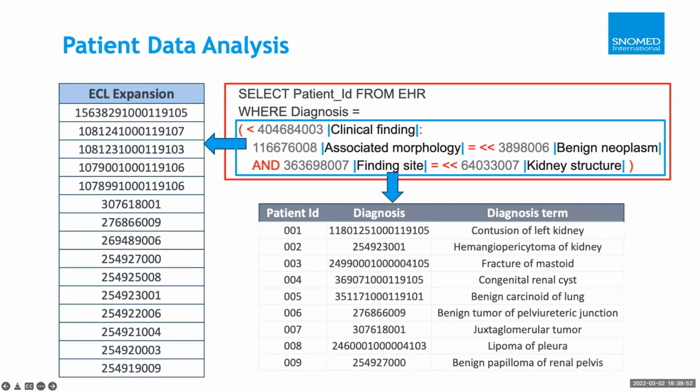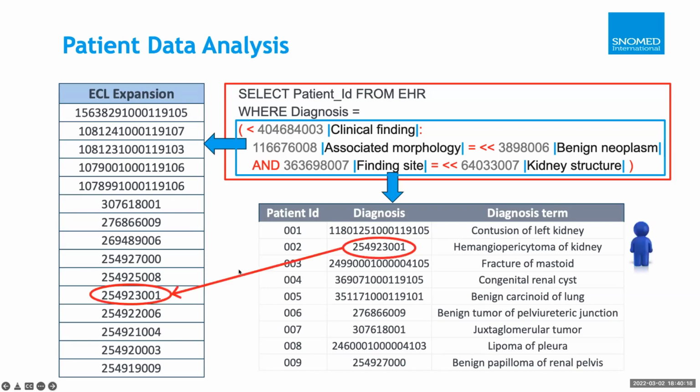This is similar to the approach we started out with for the subset. Now we have just created our subset using an expression constraint, so that's an automatic way of creating a subset. The principle is the same: we go through and compare the diagnosis codes for our patients to the members of our expansion.